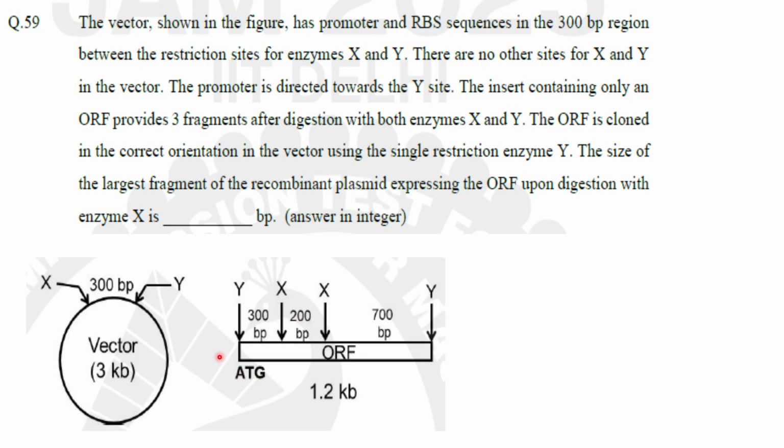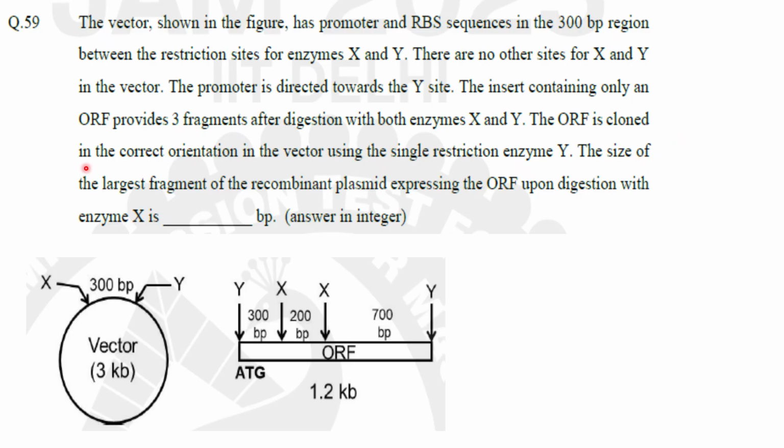So ATG is here, and the promoter is here, so it has to be oriented in this way: X, Y, X, X, Y. The promoter has to drive this gene, so the ATG has to come near the promoter. So it will be in the X, Y, X, X, Y direction when you insert this gene of interest into the vector. Okay.